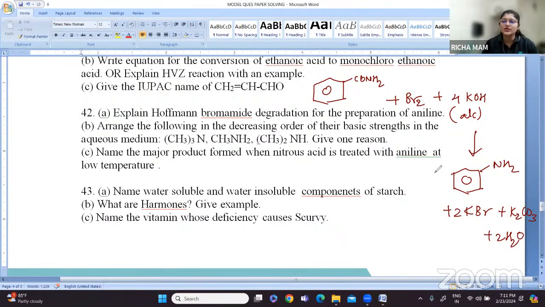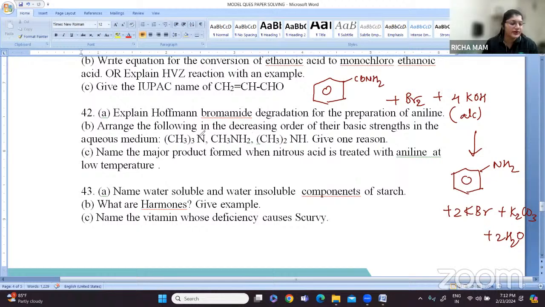This you have to mention. So benzamide, when treated with bromine and alcoholic KOH, gives you aniline. Understood?